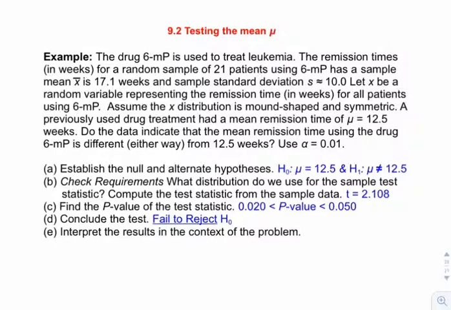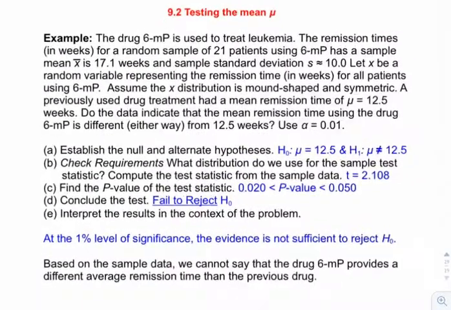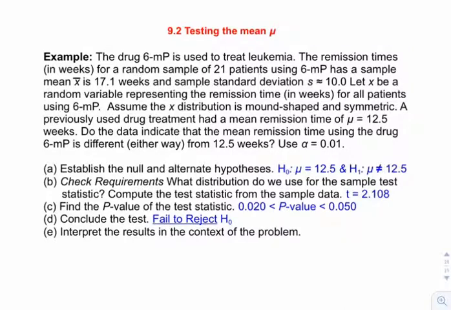So let's look at the results in the context of this problem. The generic answer would be, at the 1% level of significance, the evidence is not sufficient to reject H0. Let's look why. Because our p-value was between 0.02 and 0.05, but our alpha, our threshold, is 0.01.